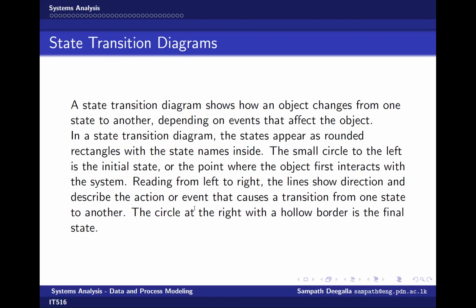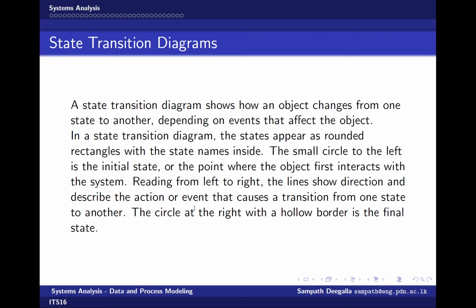The next one is the state transition diagram. In state transition diagrams, we can show different states, for example, of bank accounts, right? When you open a bank account, it's a new account or current account. And then after some time, if you are not using it, it goes to a different state. So if you want to represent the change of state of different objects, we can use state transition diagrams.